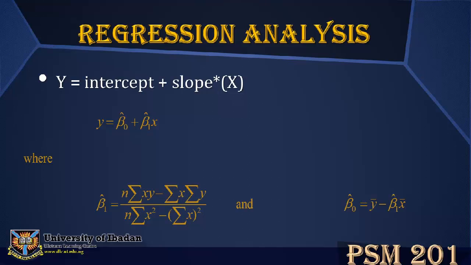Y is equal to beta naught plus beta 1 x, where beta 1 is equal to n summation xy minus summation x summation y all over n summation x squared minus (summation x) squared, and beta naught is equal to y bar minus beta 1 x bar.